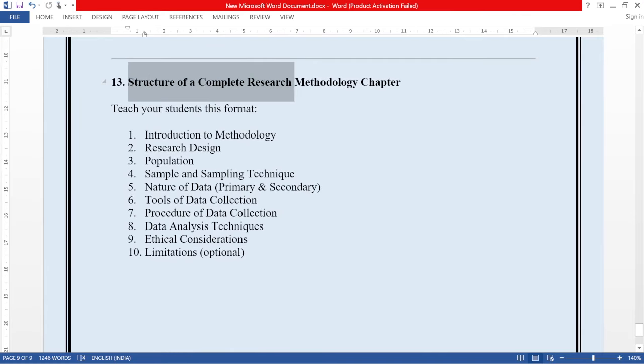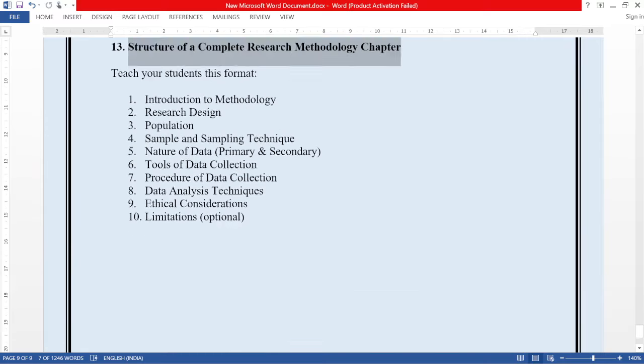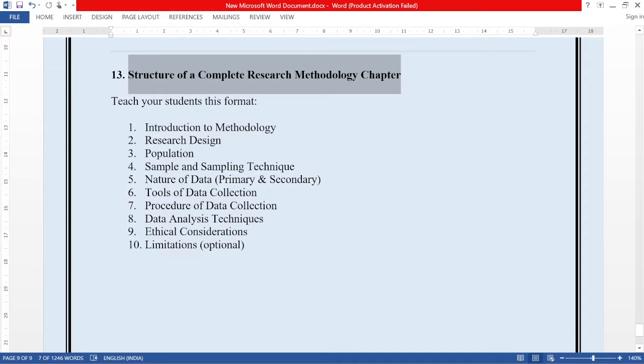Structure of a complete research methodology chapter. This is the last point we're going to discuss about research methodology, the overall content that your research methodology must have. Introduction to methodology: what the methodology is, you write at the beginning of the chapter in your project report.